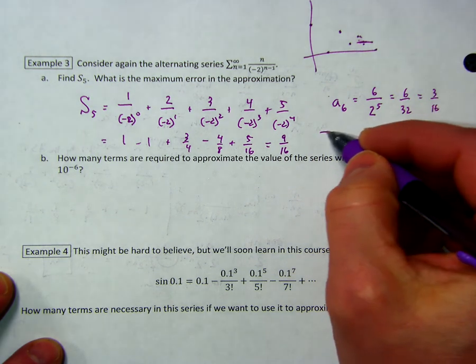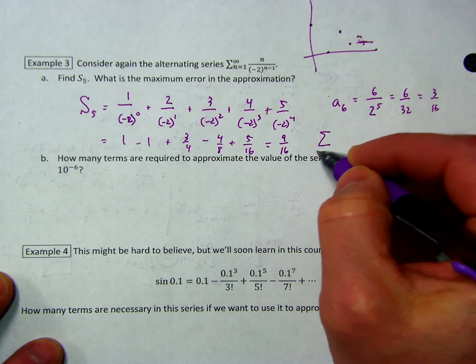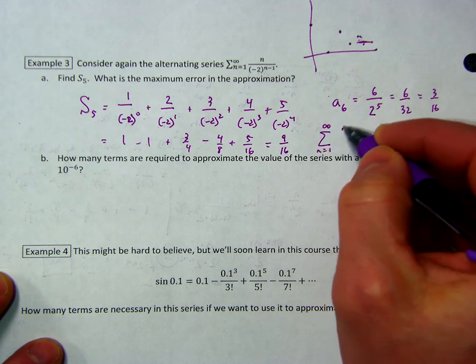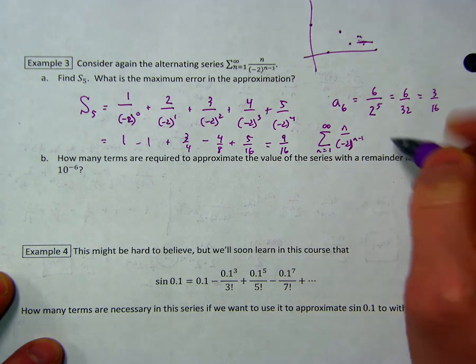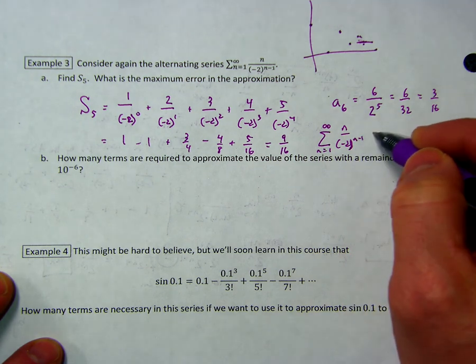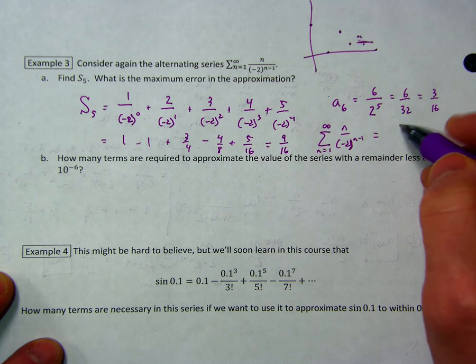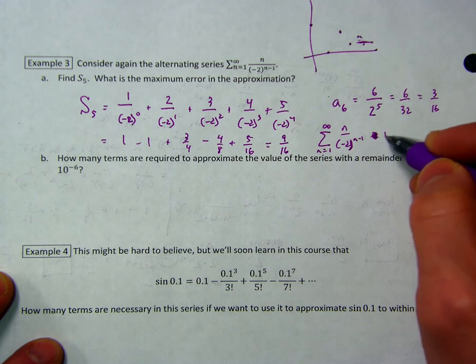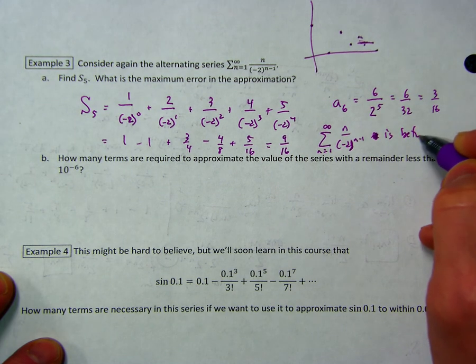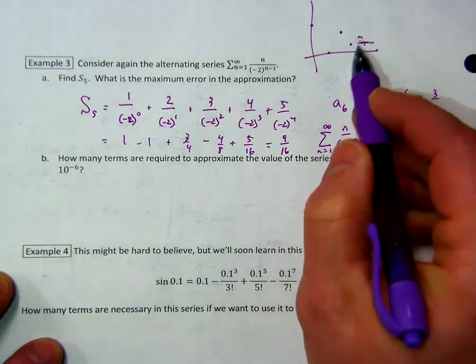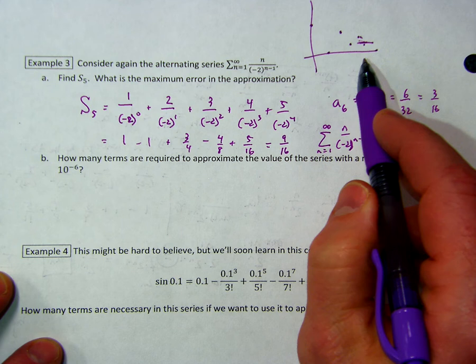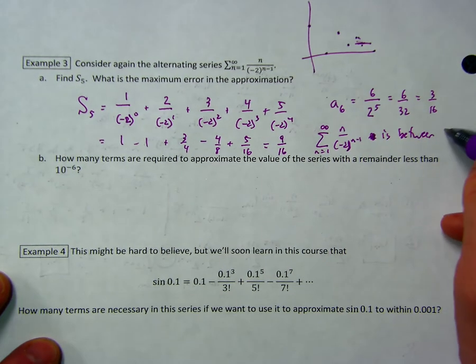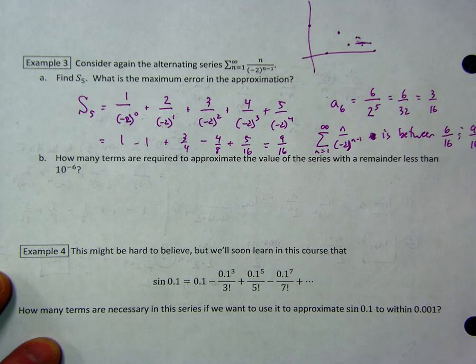So what we could say is that the full sum is not equal to, but is between, because the 9/16 ended up above. If we subtracted 3/16, it would be between 6/16 and 9/16.